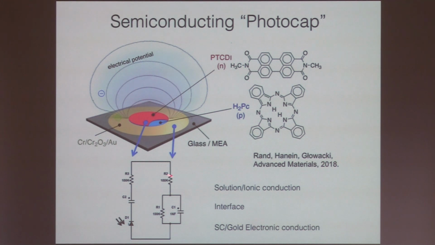So I tried here to give you an insight into this new concept that we introduced, a semiconducting photocap. So what is a photocap? A photocap, the new device that we're using in these applications, is a capacitor that we activate optically. This is the photodiode, a PN junction made of these pigments, and this PN junction is located on an electrode.